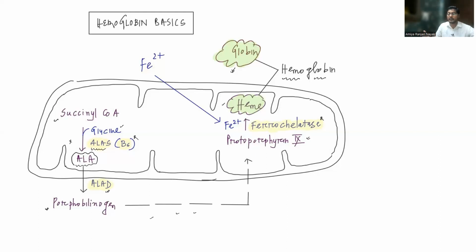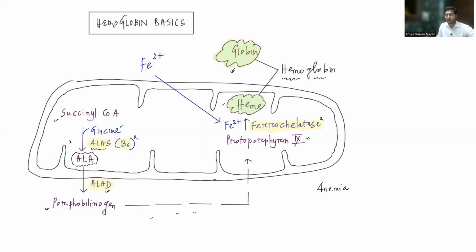And if there is not enough protoporphyrin 9 to attach to the iron molecule, there will be decreased heme synthesis. So that will cause anemia. So pyridoxine deficiency can ultimately cause anemia because of reduction in heme synthesis. Reduction in heme synthesis happens because of reduction in production of protoporphyrin 9. So that will ultimately cause anemia.